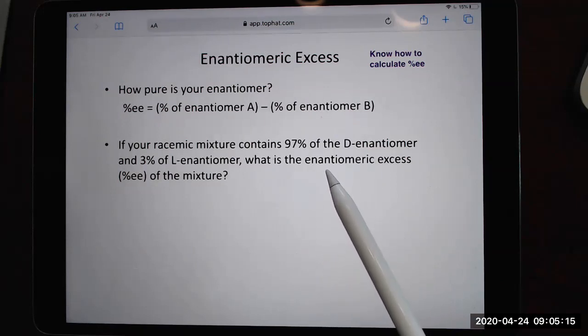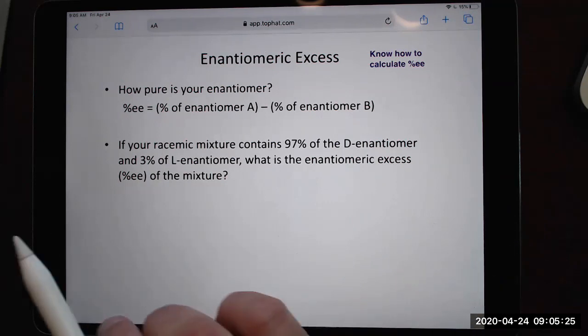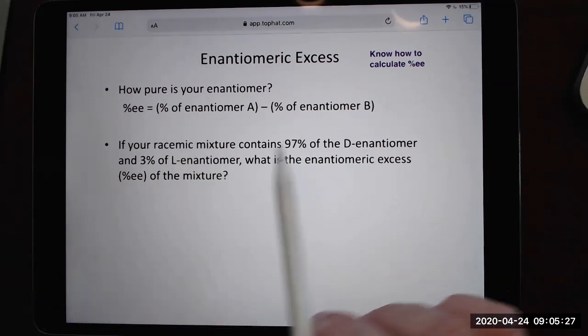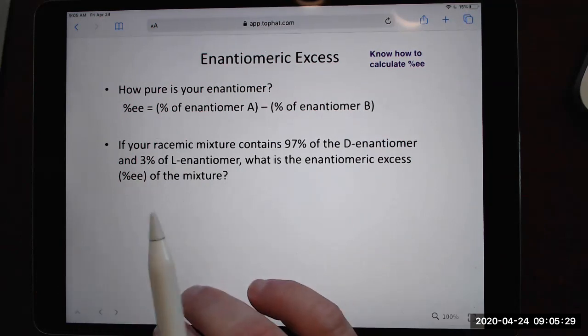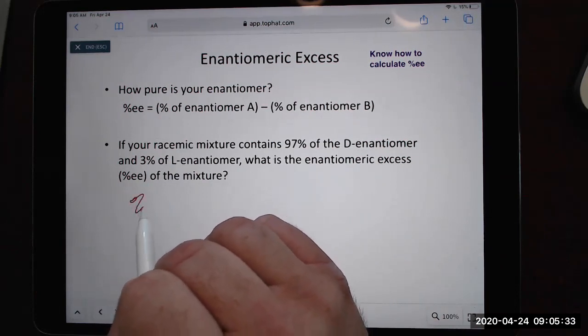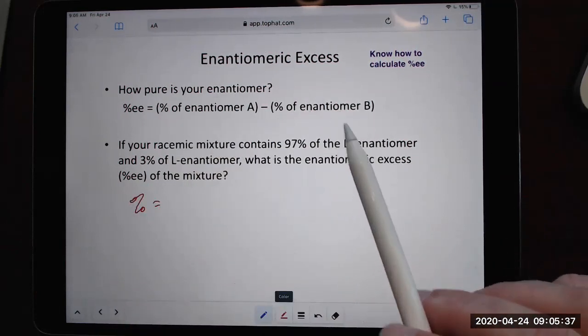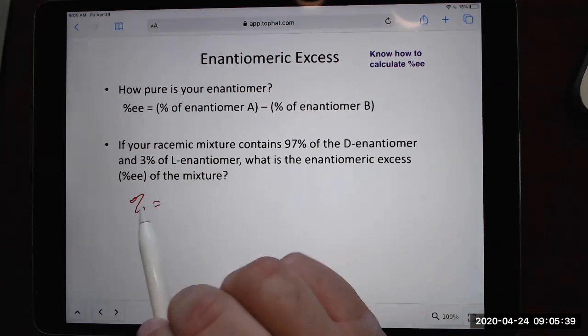Okay. Now you can determine it. Lots of times you'll see a percent. If you buy a chiral molecule, you'll see it as a percent EE, and all that means is the difference between the two enantiomers. Percent EE is just whatever the larger one is minus whatever the smaller one is, so it's a positive number.